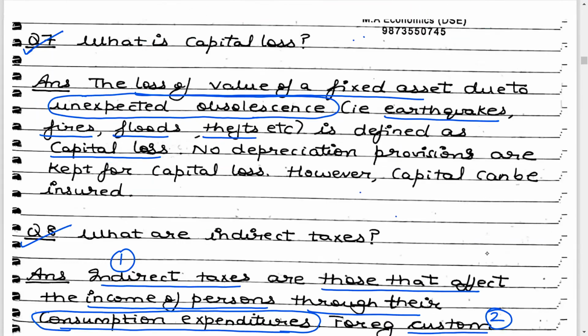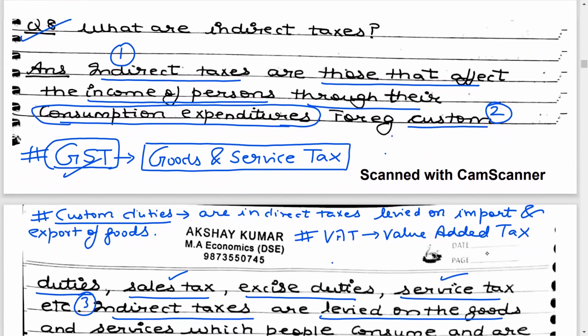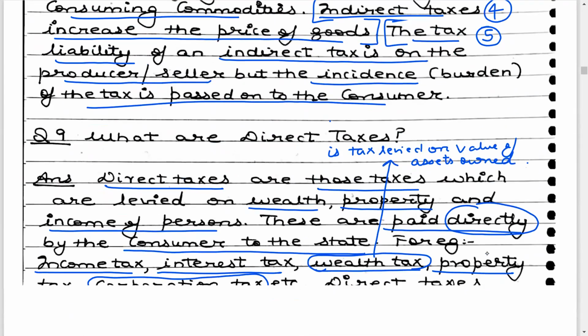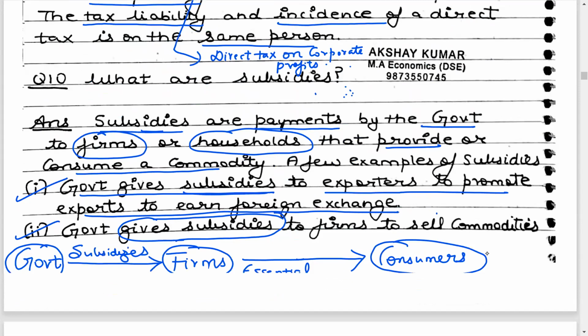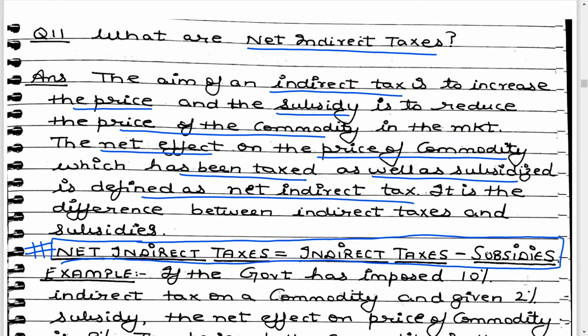We have done the difference between capital loss and depreciation. We have looked at the concept of indirect taxes versus direct taxes, the concept of subsidies and why the government gives subsidies, and the concept of net indirect taxes, which is nothing but the difference between indirect taxes and subsidies. So we have done these 6-7 questions in this lecture.